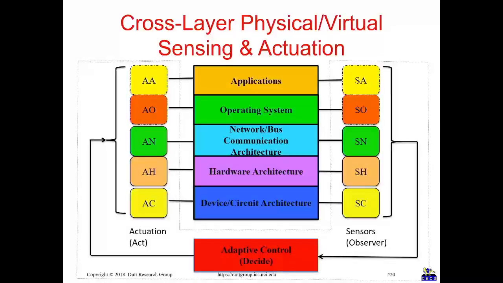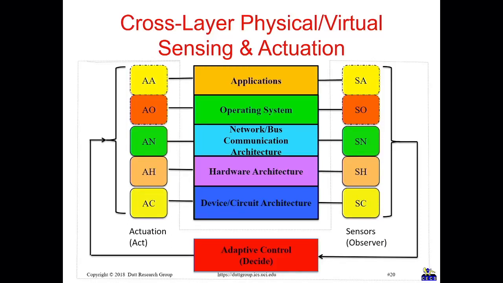So this cartoon here shows a typical stack of, let's say, a mobile system. So you might look at this mobile system at different levels of abstraction, right? I just picked a few here, like device, hardware, network, operating system, application, but you can take your favorite stack. And what we typically do is we sense information across the stack, different types of information. And that's what you see here on the right-hand side, where you're sensing different kinds of information.